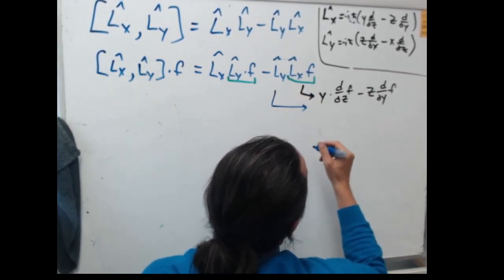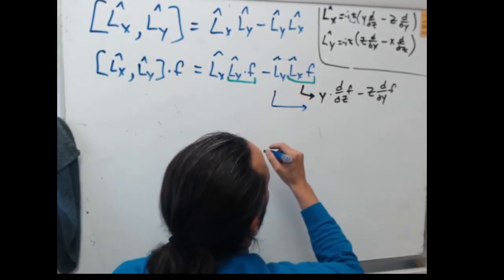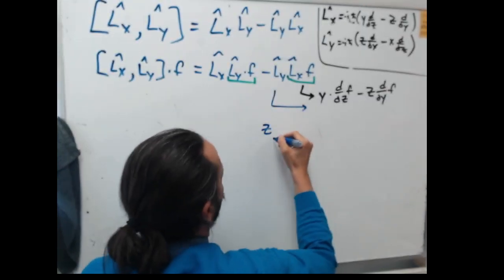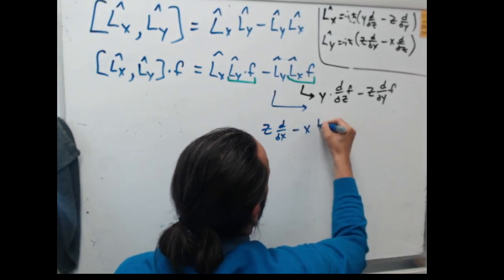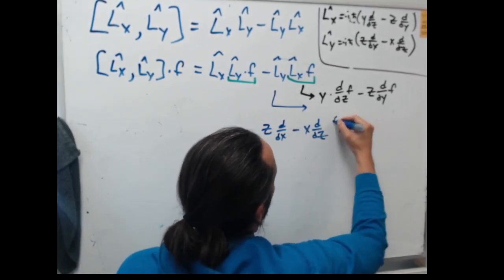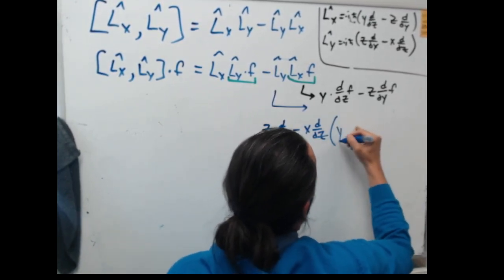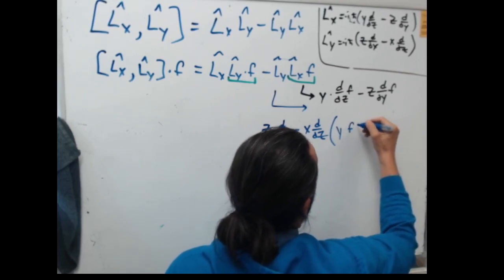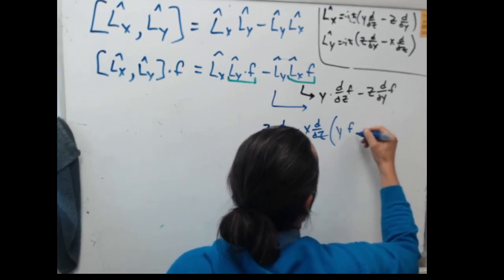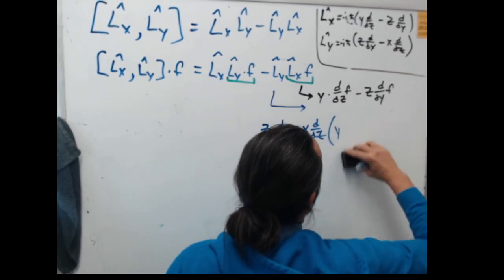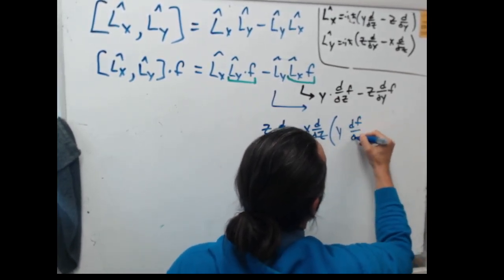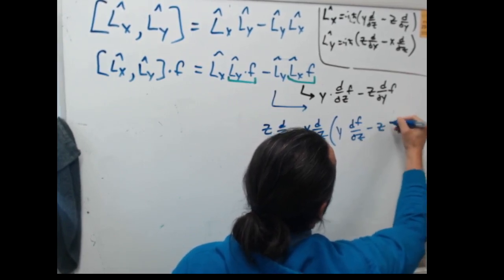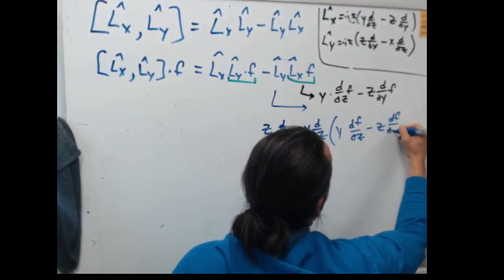So that's going to be, oh, geez Louise. Okay, so that's going to be z d/dx minus x d/dz operating on y df/dz minus z df/dy. Again, I keep wanting to use a shortcut, but because I've got multiple dimensions, I can't.